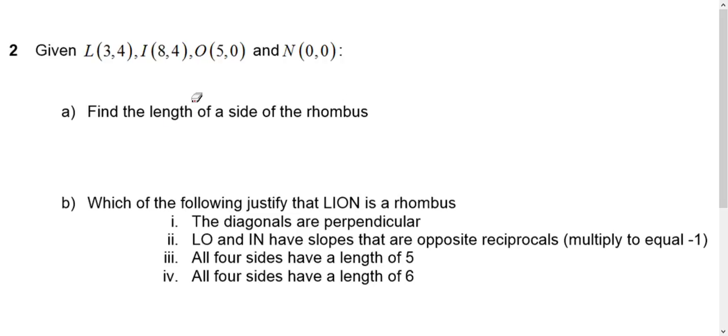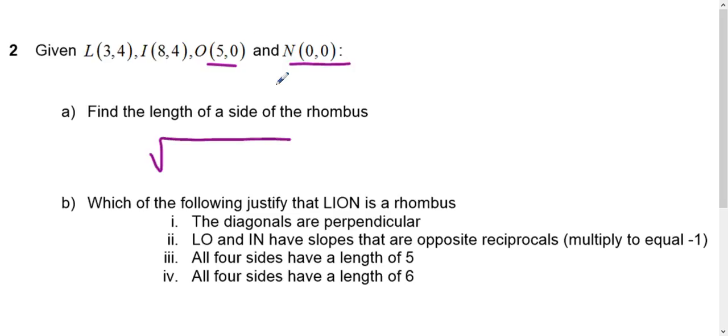This must be a rhombus because it says find the length of a side of the rhombus. So we can take any two points as long as we don't take diagonals. We can take L and I, or I and O, or O and N, either one. It doesn't really matter. And we can use the distance formula. O and N would be pretty easy.